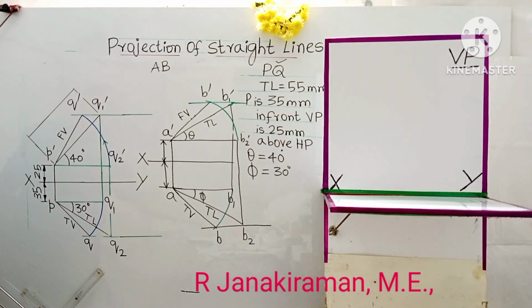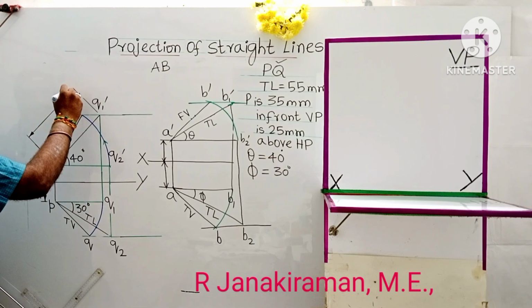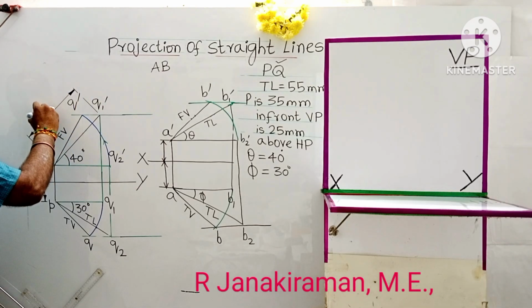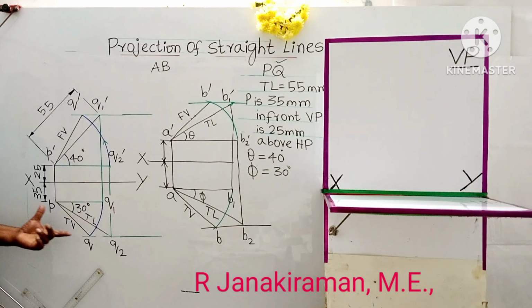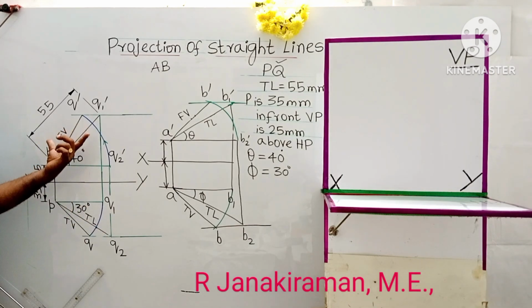To denote the true length, put narrow arrowheads, shade the arrowheads, and write the length of the line as true length, given as 55, at the center of the line above the line. Understand? Similarly, the bottom PQ will also have the true length, same as 55, but you need not repeat the dimension. If you mark one dimension, that's sufficient.